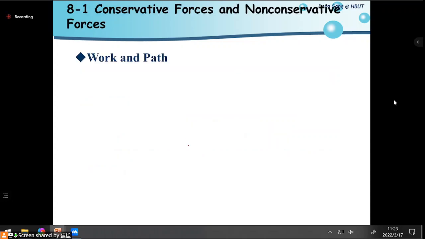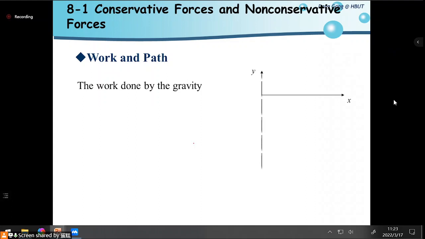So, according to the previous chapter, the work is associated with the particular path, but the work done by some special forces is not associated with the path. For example, gravity.